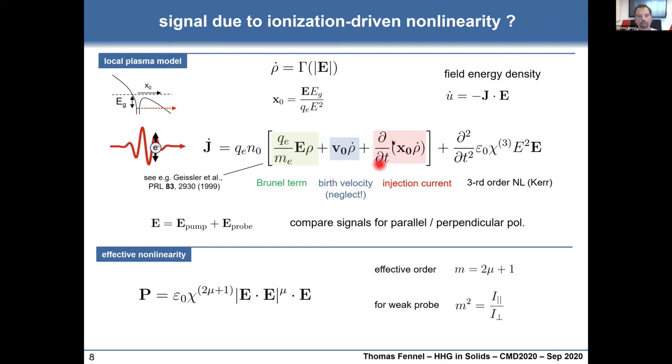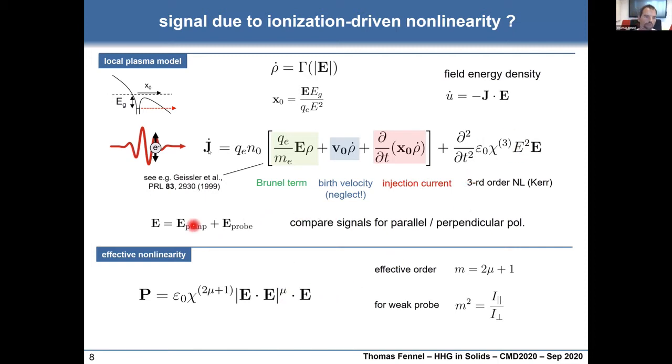And there's an important additional term, the injection current. The injection current, in a sense, describes the motion of an electron through the tunnel. The appearance of an electron at the end of the tunnel or in the conduction band must be associated with a spatial displacement to maintain energy conservation, because the field energy has to be removed from the field. And there's also the Kerr term.